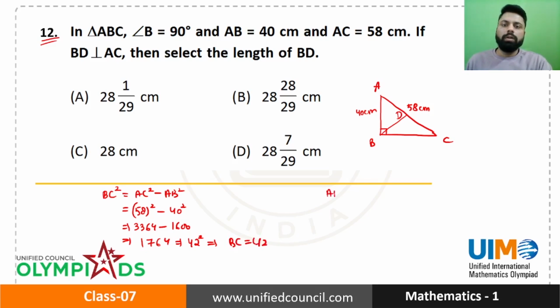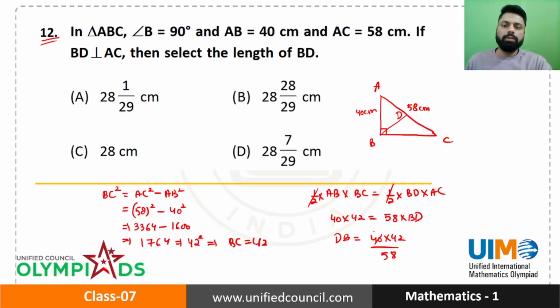Now, half of AB multiplied by BC is equal to half of BD multiplied by AC. Half will get cancelled out. AB is equal to 40, BC is equal to 42, is equal to 58 multiplied by BD. So, BD is equal to 40 multiplied by 42 upon 58.